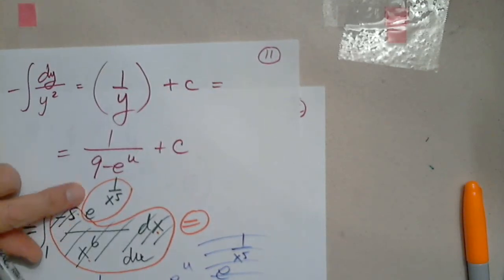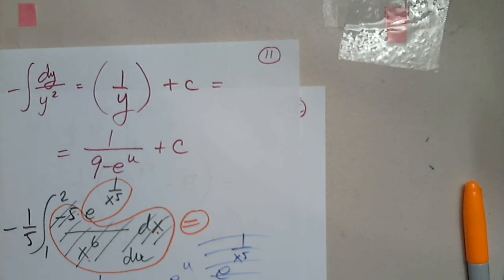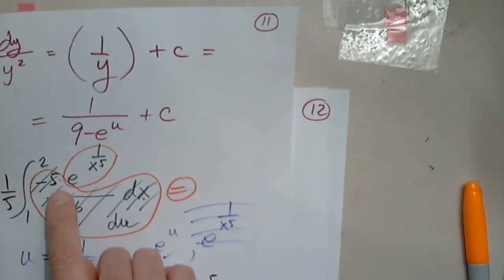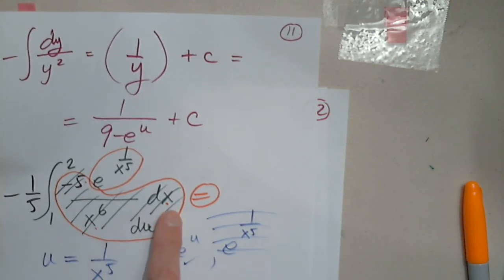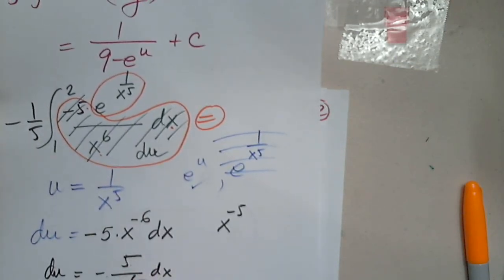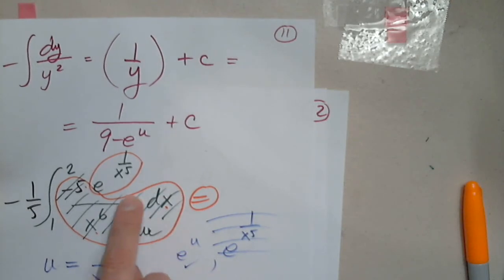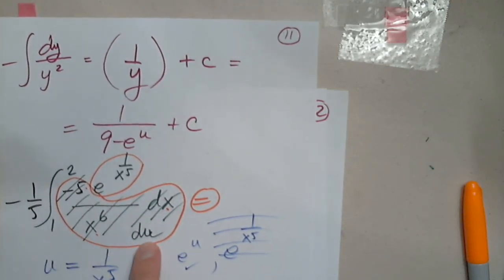So I multiplied the numerator by -5, and I multiplied the denominator by -5. These two, when I multiply them, I get 1. So there is no change. But I need a -5. The -5, x to the 6th, and dx, all this that I circled here, will be replaced by du.